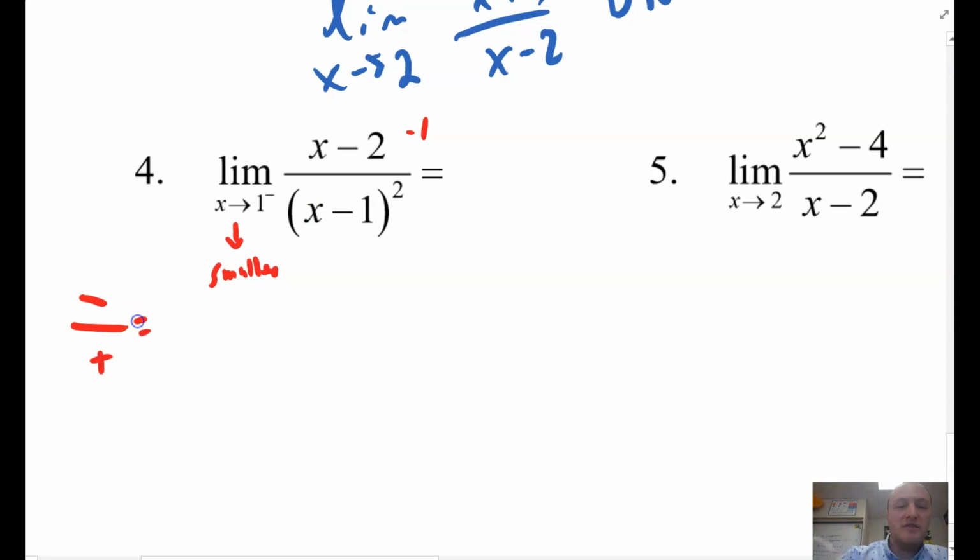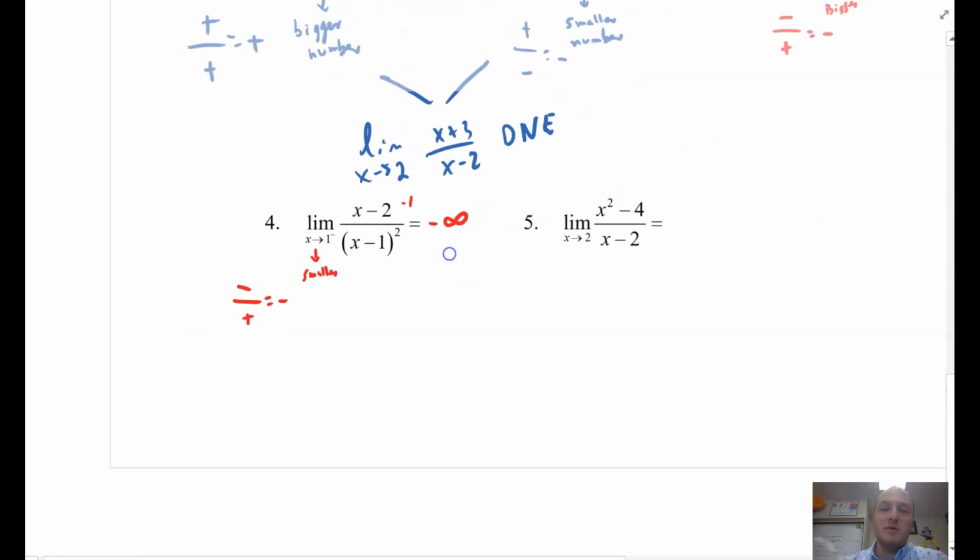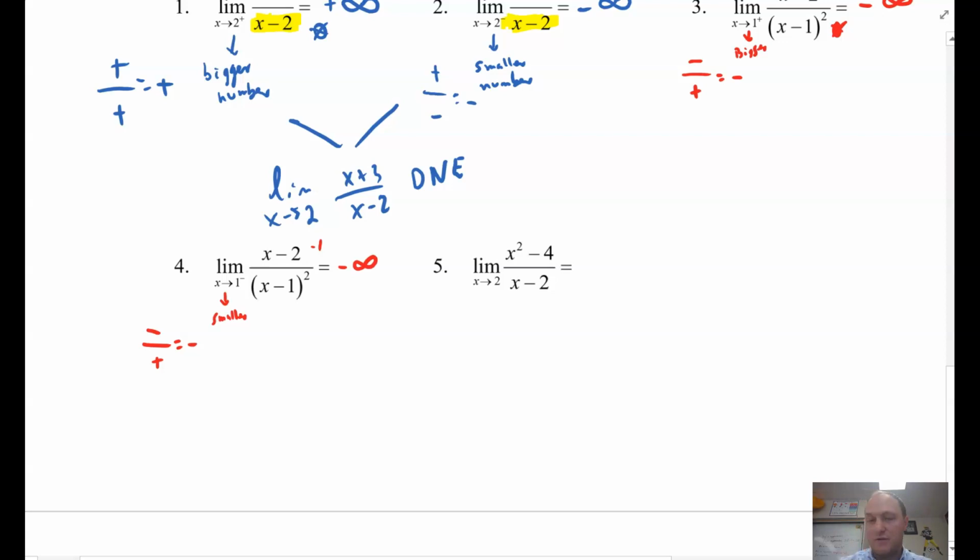So a negative divided by a positive is still a negative, and this is negative infinity. Both of these limits, from the left and from the right, approach negative infinity. So if we were to write this, the limit as x approaches 1 of x minus 2 over x minus 1 squared is equal to negative infinity.